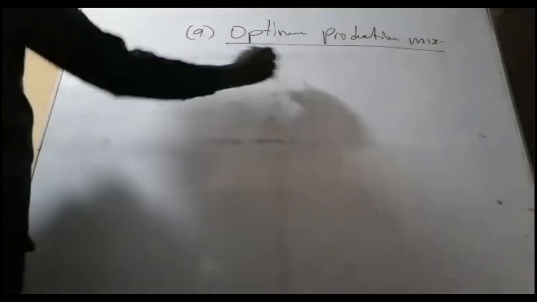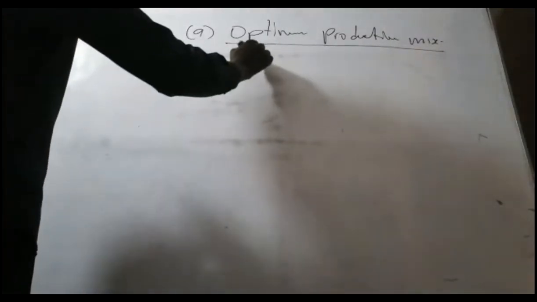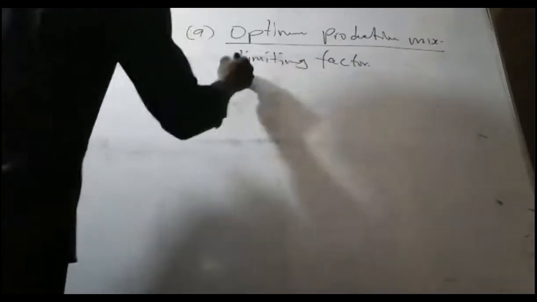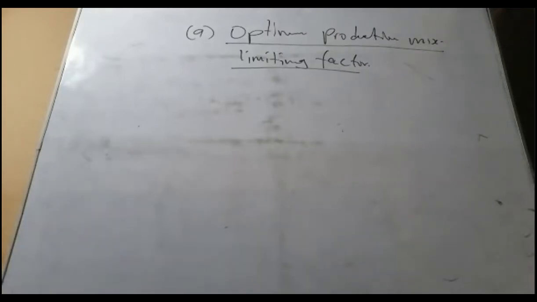So the first step will be the limiting factor. Identify the limiting factor. How do you determine the limiting factor? Limiting factor is a resource or a factor that places a challenge on the organization's objective. So any of the resource that we have in limited supply, that is a limiting factor.